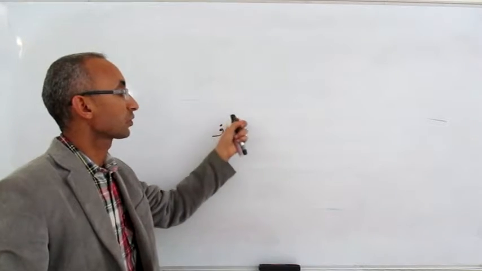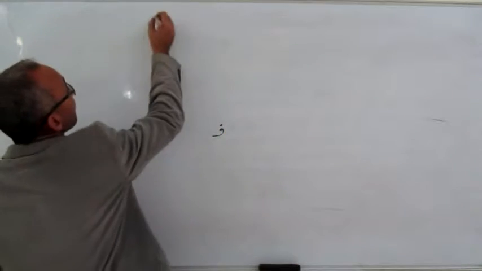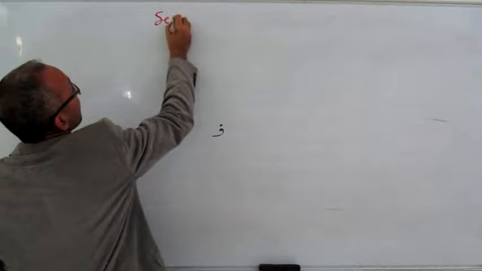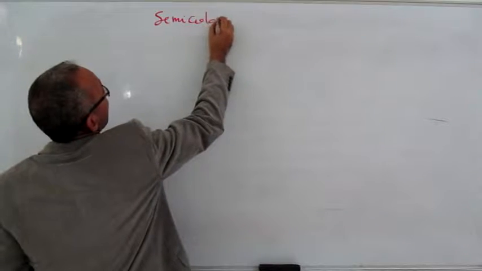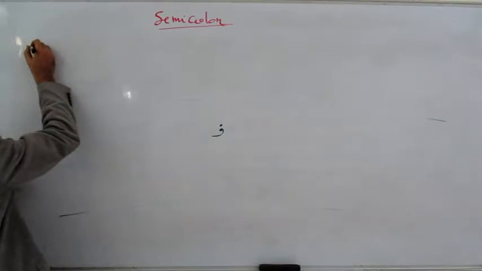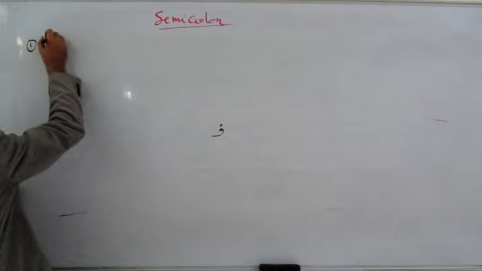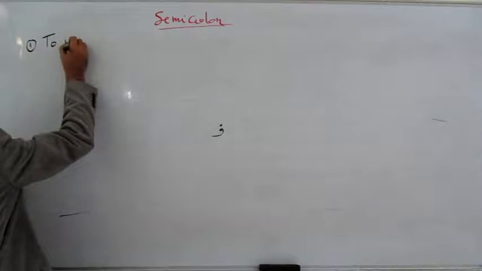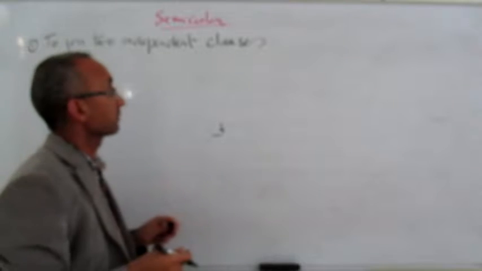So we write as a title, semicolon. The first use, number one: it is used to join two independent clauses. Of course, these clauses should have a logical relationship between them.